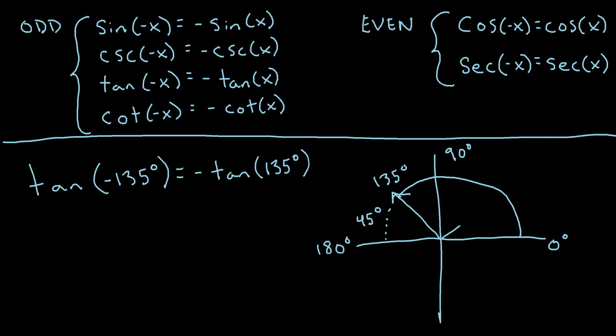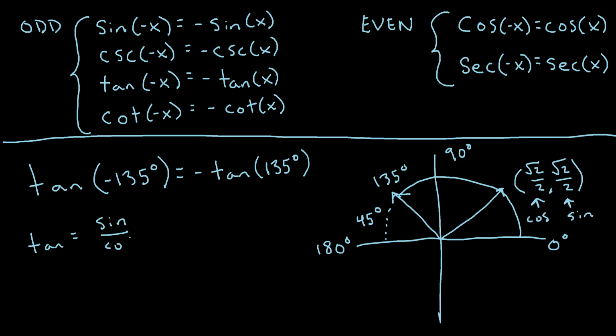So if we think about 45 degrees in the first quadrant, the x, y coordinates that correspond to that are square root of 2 over 2 and square root of 2 over 2. Where we said the x coordinate corresponds to cosine and the y coordinate corresponds to sine. Well, we know that tangent is just equal to sine over cosine.